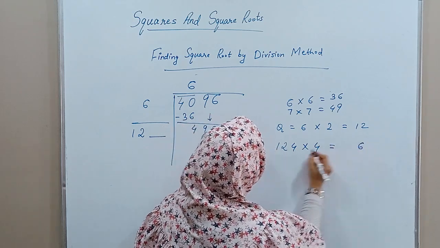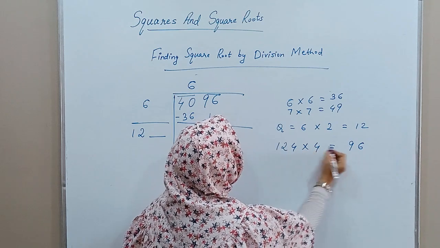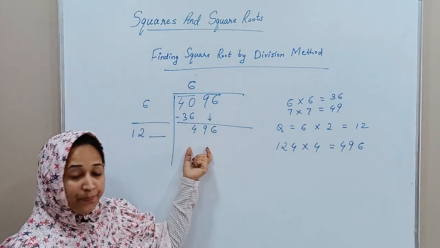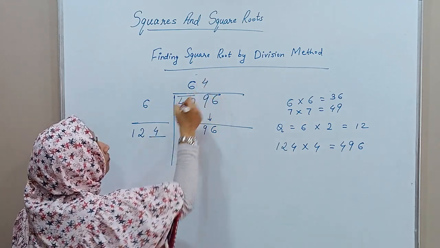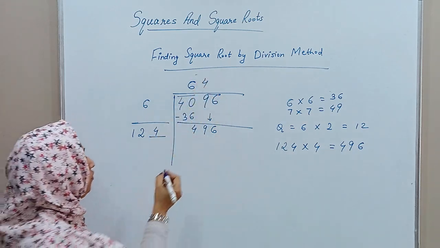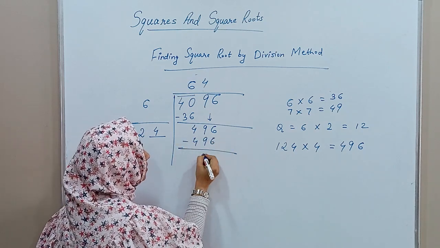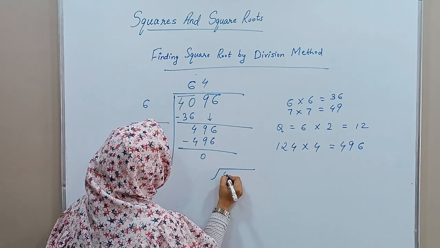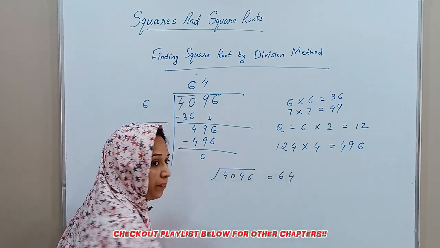So 4 4s are 16, 1 carry, 4 2s are 8, 1 more is 9, and 4 1s are 4, 496. We have reached 496, right? So if I take 4 here and multiply it by 4, 124 into 4 will be equal to 496 and the remainder is 0. So the square root of 4096 is equal to 64.